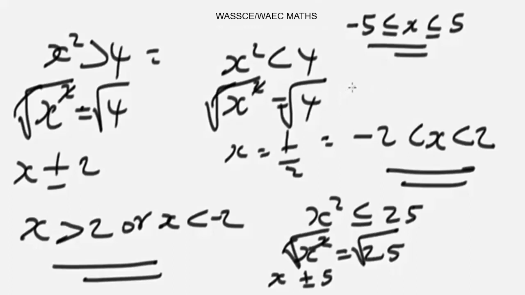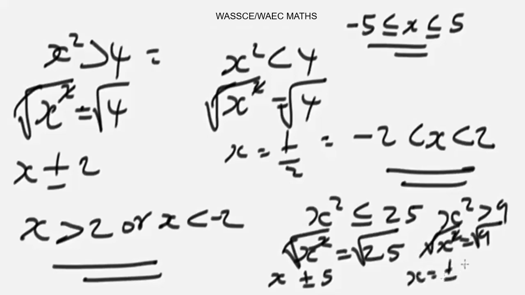Now, what if you are given something like this time around, x squared greater than 9. It's the same as x squared equals 9. So when you take the square root of both sides, x will be plus or minus 3.